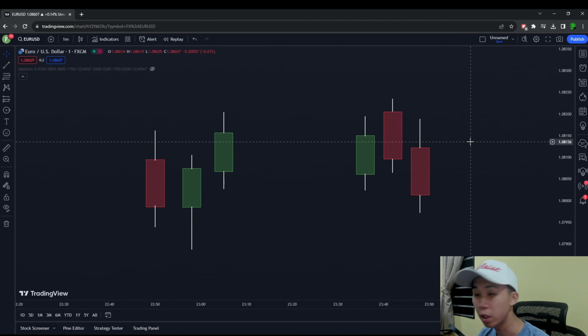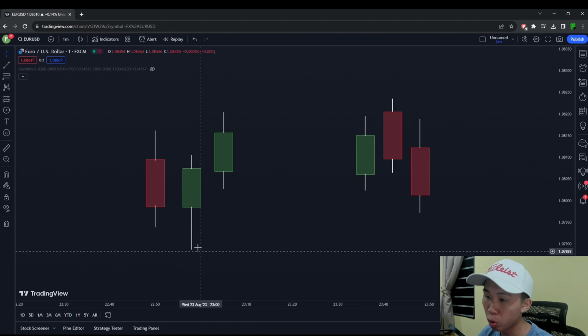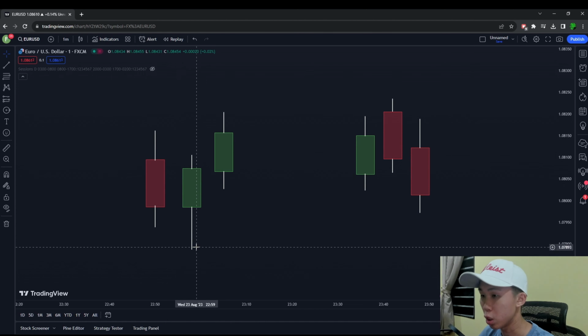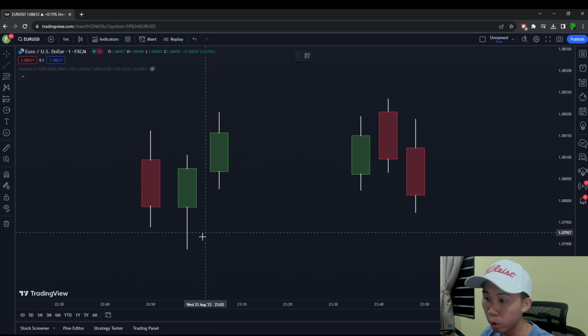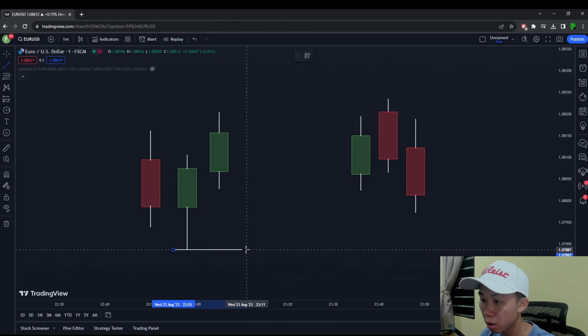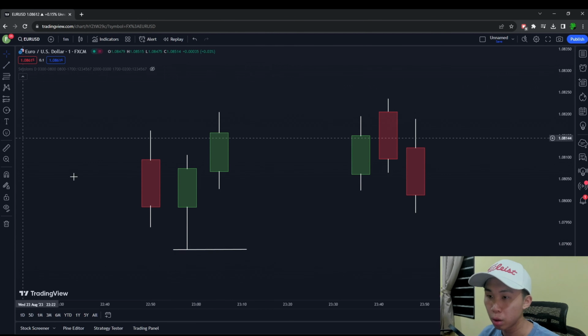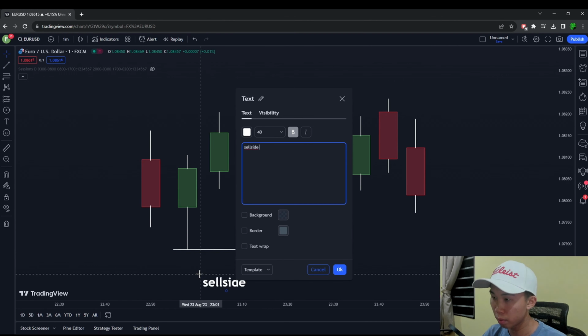After you have learned how to identify swing low and swing high, you can start to identify sell-side liquidity and buy-side liquidity. This point just now was the swing low. If we have a swing low, we identify it as sell-side liquidity.